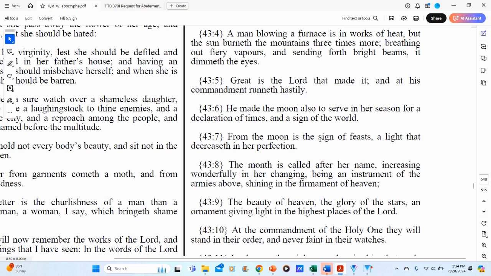It doesn't say the sign of days, years, months, everything. It only is talking about for feasts. It's only talking about this. You're not supposed to be using the moon to determine every 7-day Sabbath.